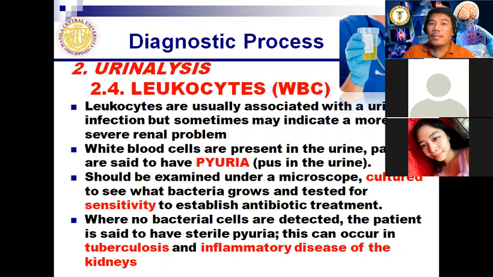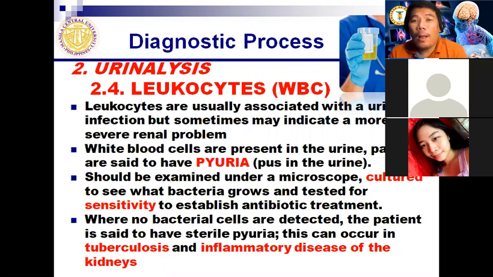If the white blood cells are present in the urine and the pus itself is very obvious and visible, that's what you call pyuria. There's pus in the urine. If there is pus in the urine, culture and sensitivity is always taken into consideration.